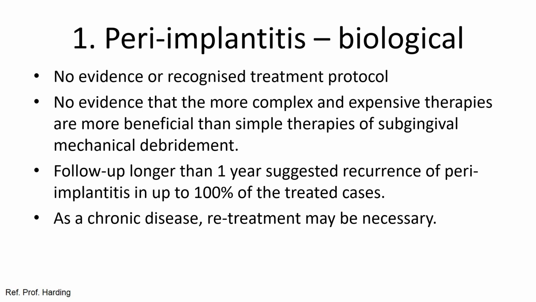Many treatment protocols have been devised or advocated, but there is no clear-cut treatment regime for the management of implants with peri-implantitis. Once an implant has peri-implantitis, it may be possible to prevent its progression and stabilize the situation, but you will never be able to treat or regain the situation to how it was before you had the peri-implantitis. So it's an untreatable condition.